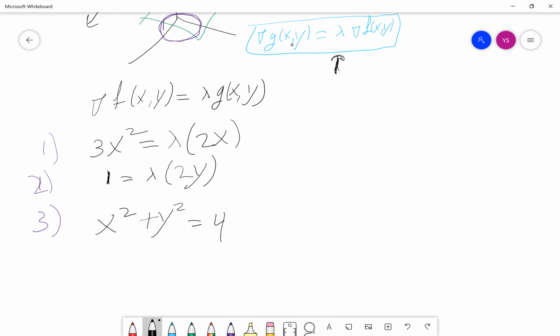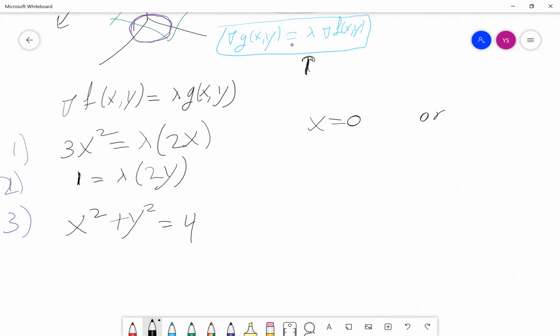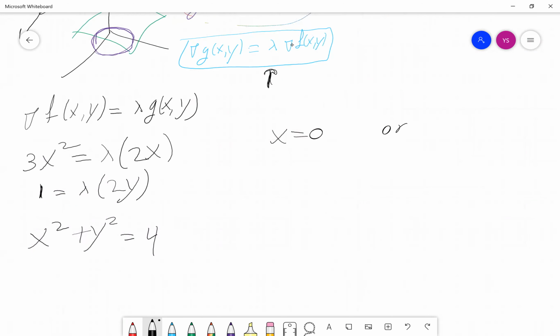First we can say that either x is equal to 0, or I can divide by x in my first equation and get 3x is equal to 2 lambda. Let's break these up.